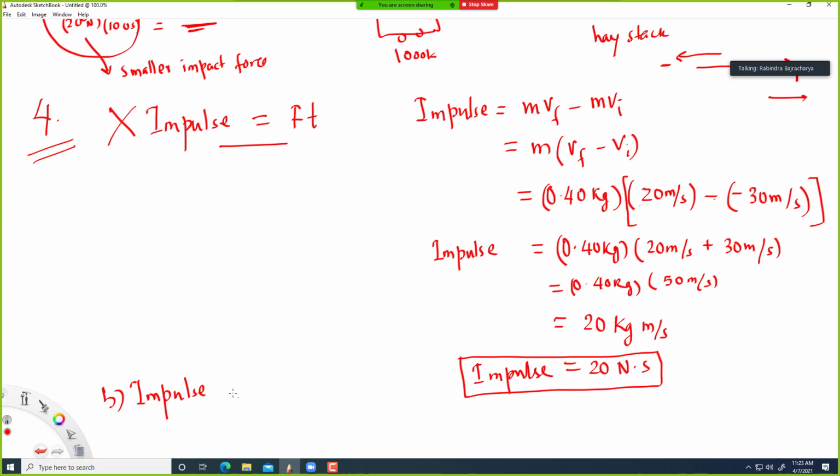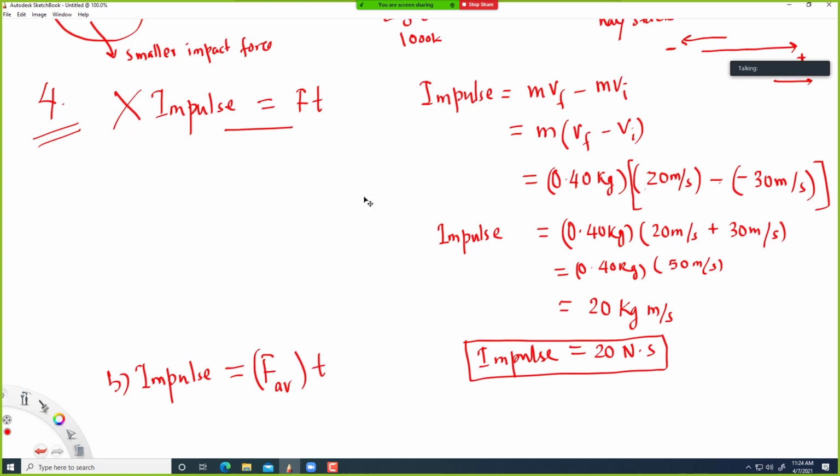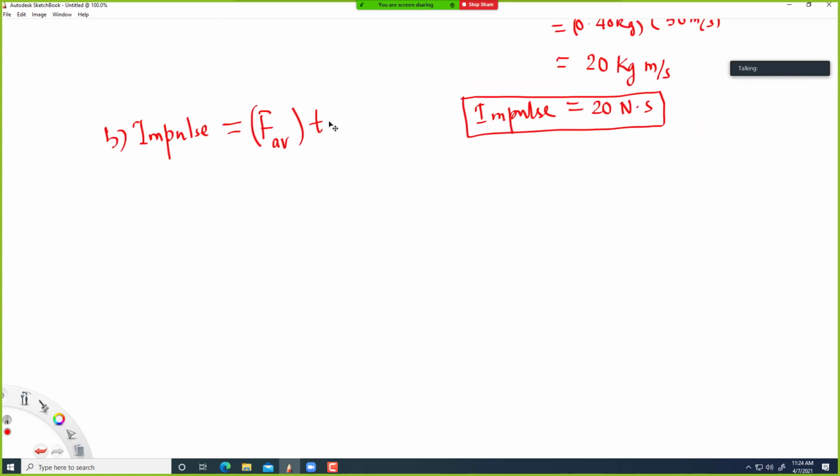So impulse is average force times time. We want to find average force, which would be impulse over time. So let's find that.